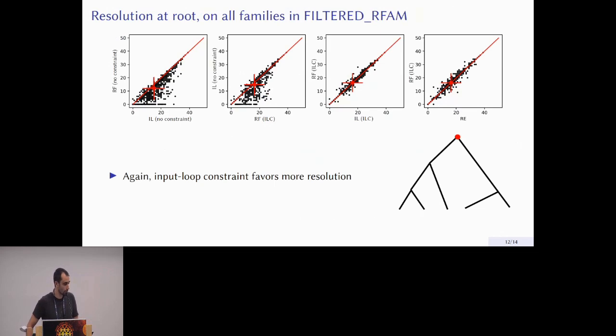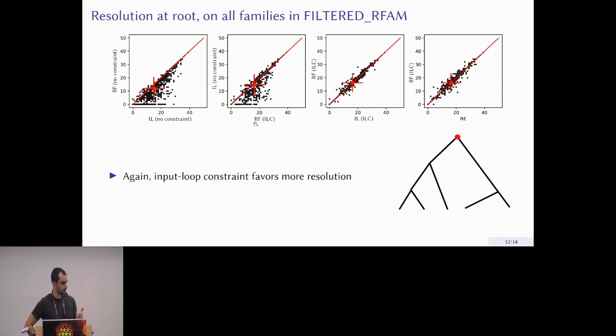Here is another representation of the same result. So this time we're looking at the number of base pairs at the root of the phylogeny. And we are comparing the choices of metrics, with or without constraint, to each other. Okay, so these scatter plots tell you that the RF distance with no constraint gives you less resolution than the IL distance with no constraint.